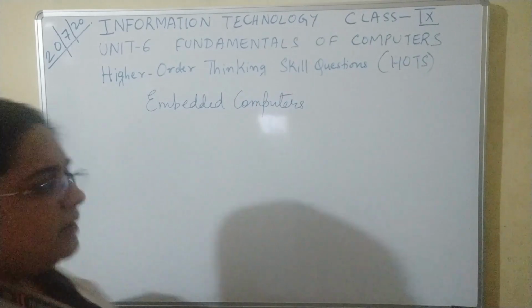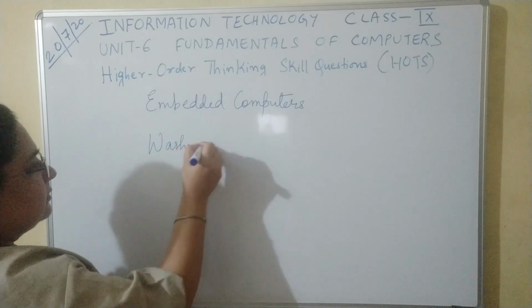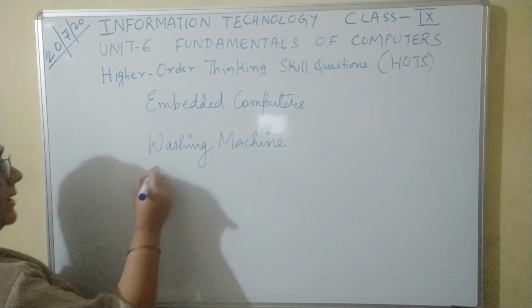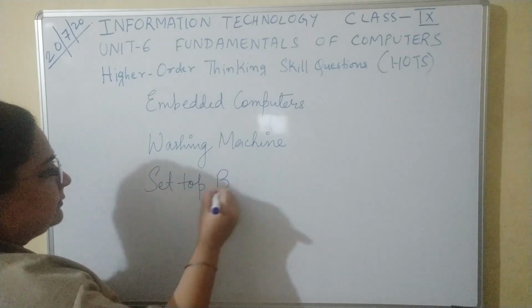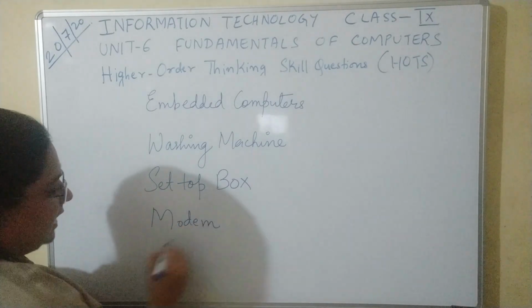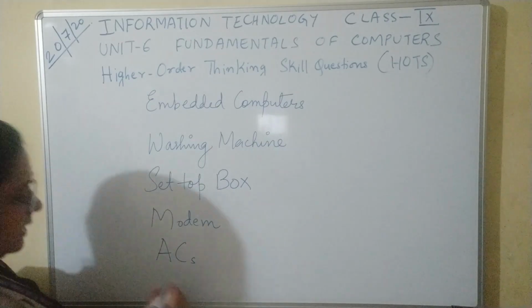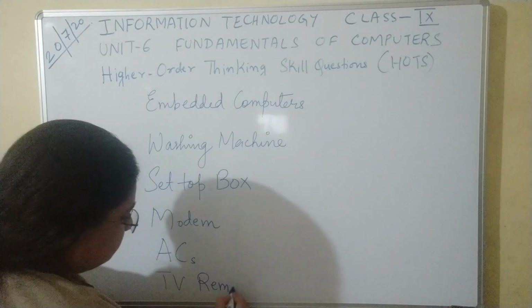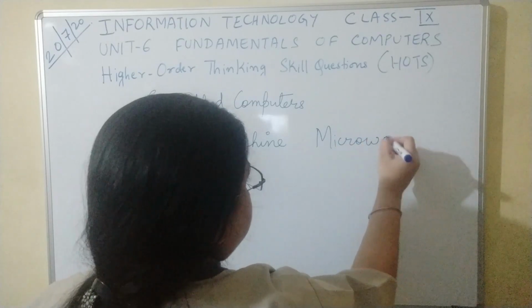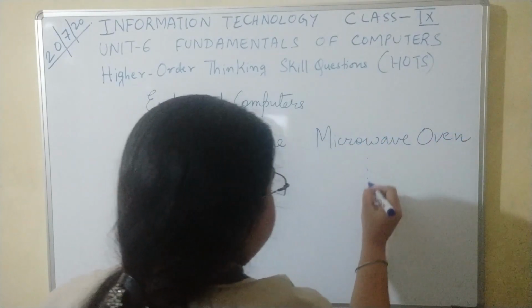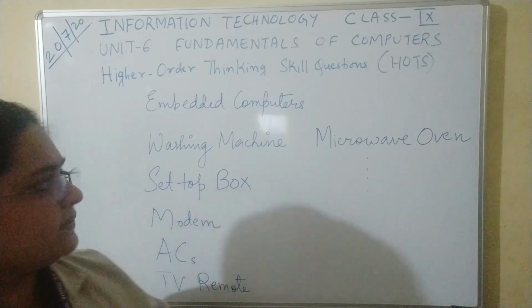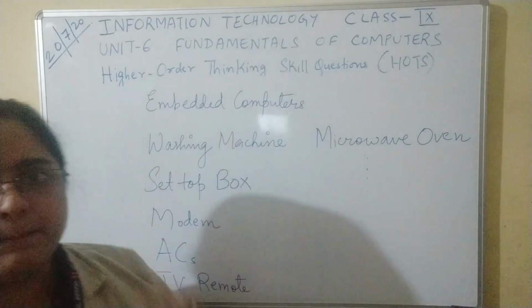When you use your washing machine, your set-top box, your modem, air conditioners, that is ACs, TV remote, your microwave oven, and all the different consumer durable appliances, all the electronic appliances which you use, they are made up of embedded computers.